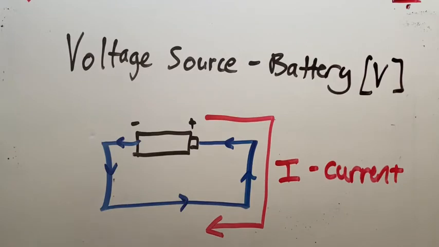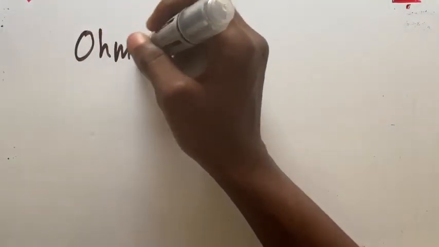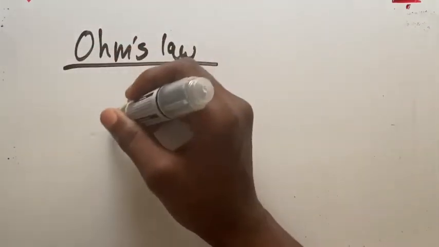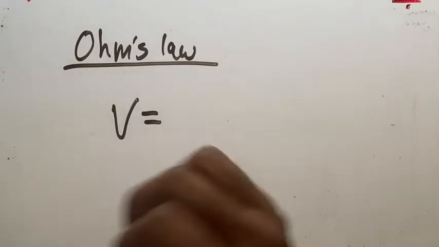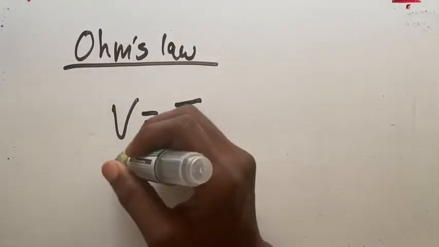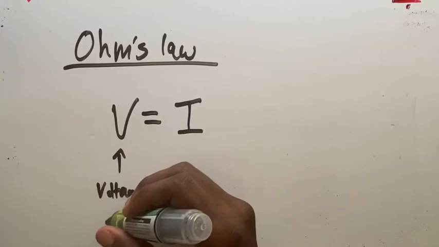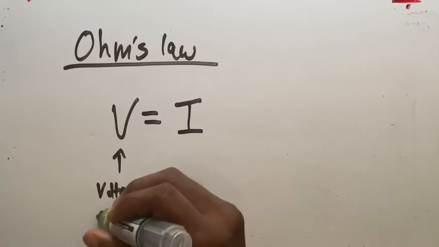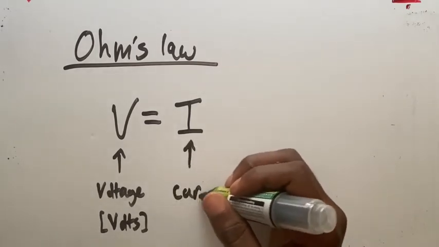So that gets us now into electric current. The equation for electric current that I'm going to give you is called Ohm's law. Ohm's law says the potential difference, or the voltage V, is equal to I. This is the voltage, measured in volts, equals I, which is the current.